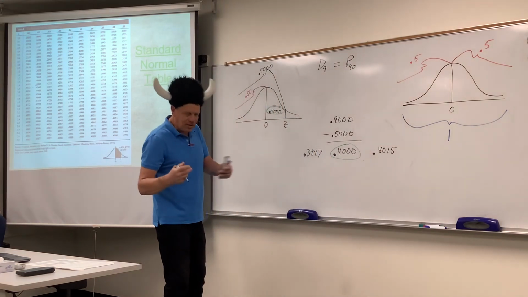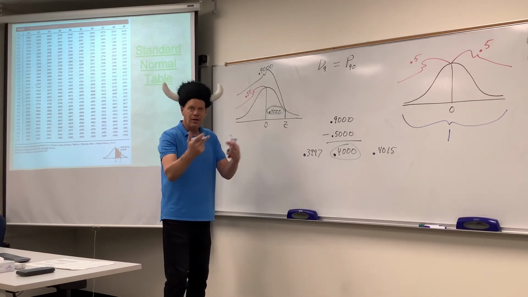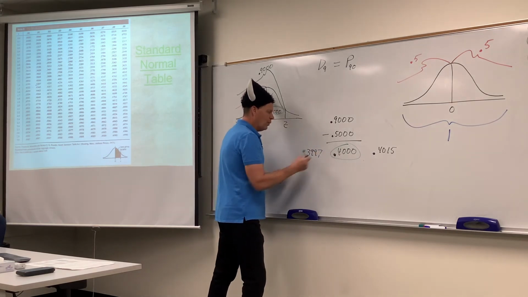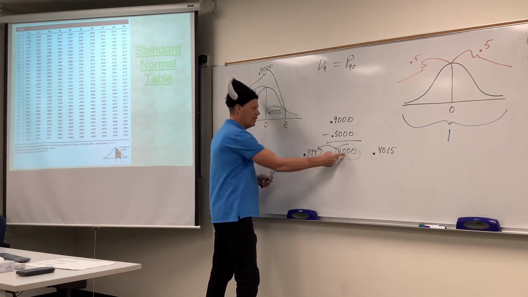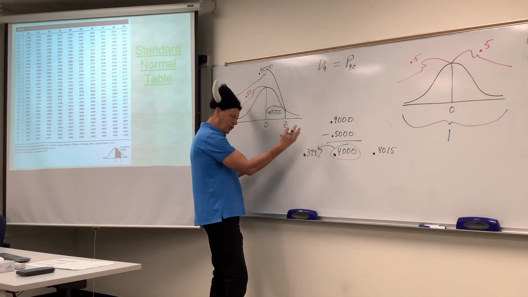And just like we mentioned on the previous example, please watch these in order because I build off of previous examples. But in a case like this, you go with the one it's closer to. It's only 3 away from this, whereas it's 15 away from that. This is the one we'll go with.